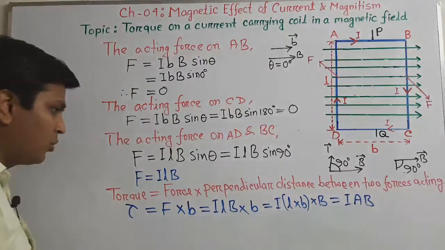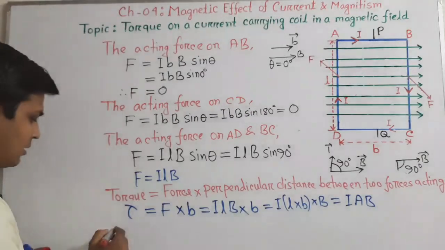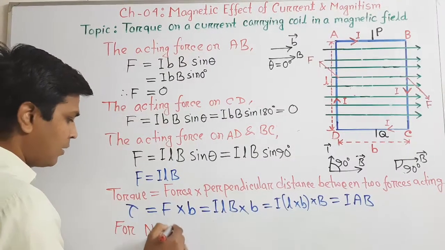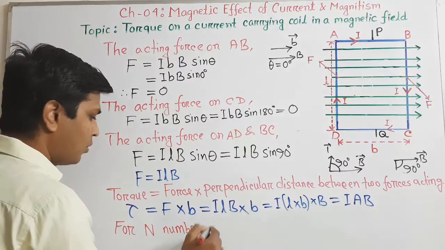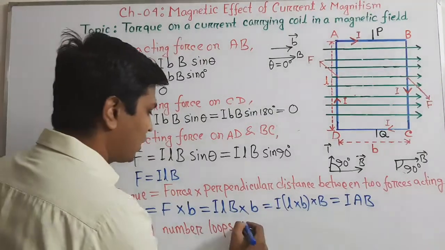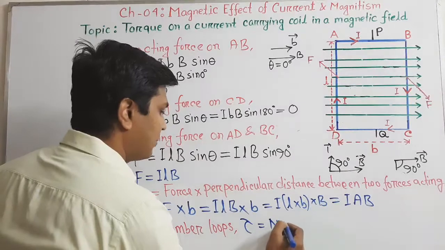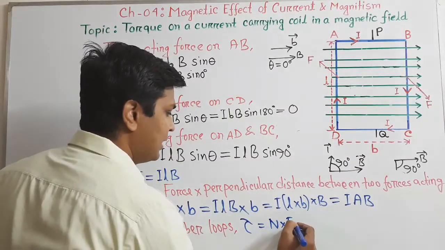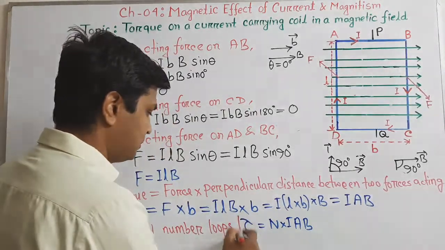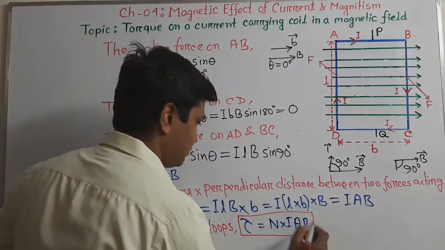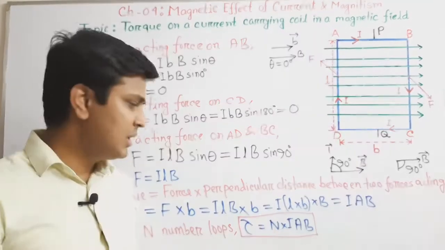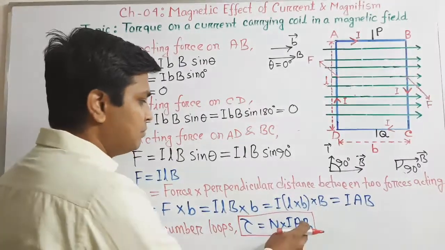So the formula of torque for n loops will be n multiplied with this quantity, I A B, and this is the formula of torque.